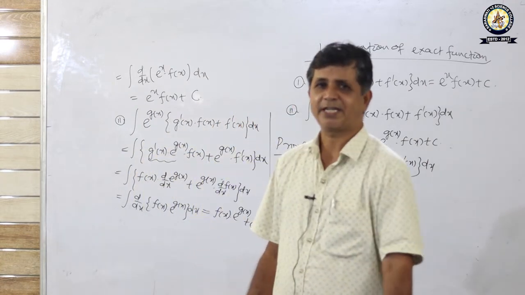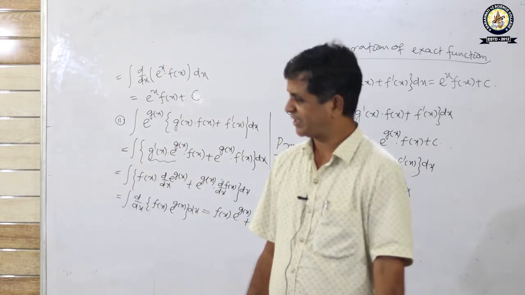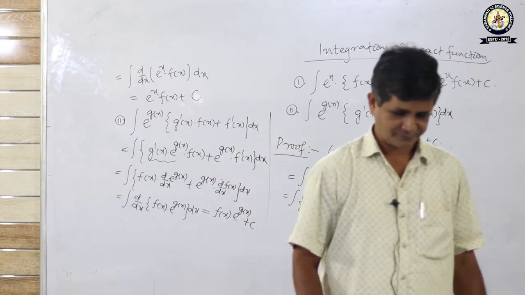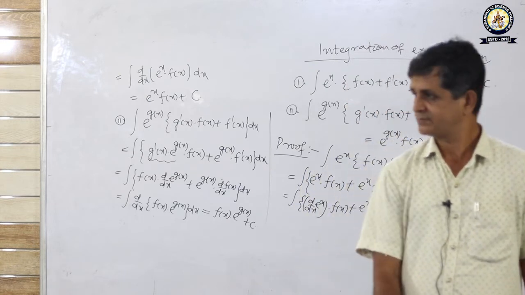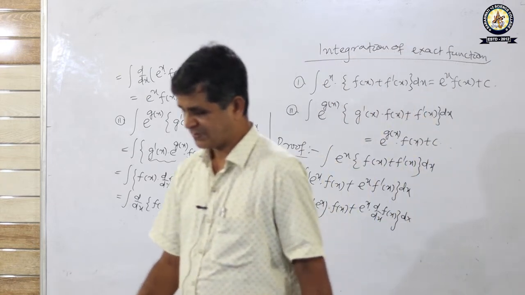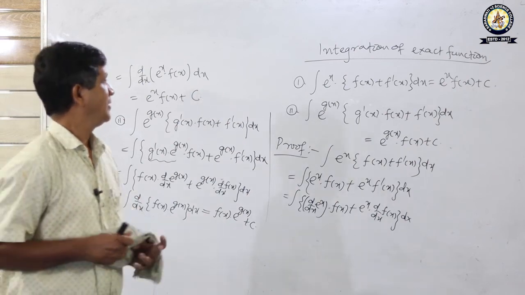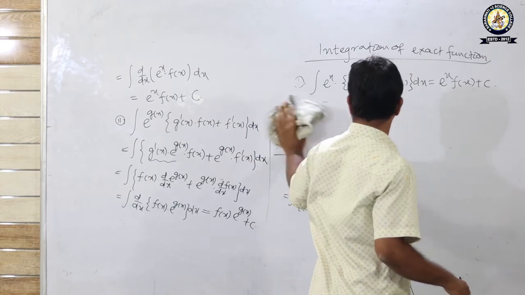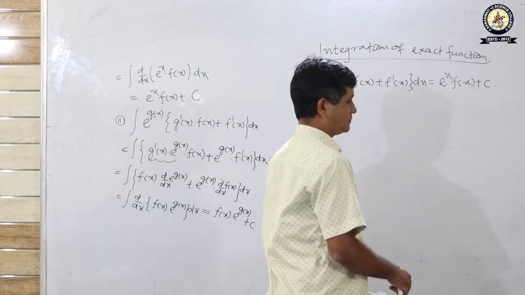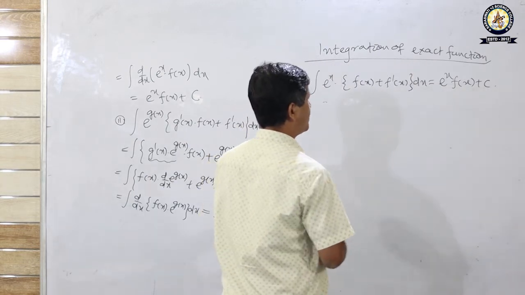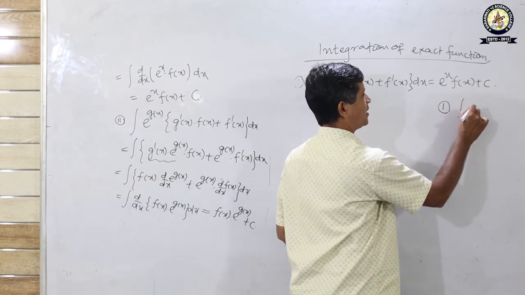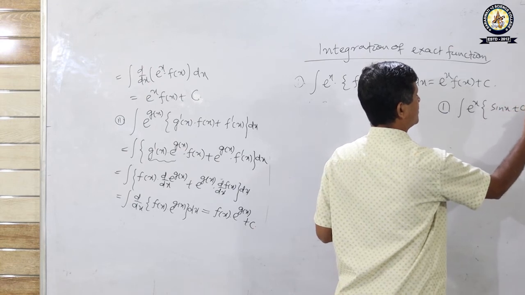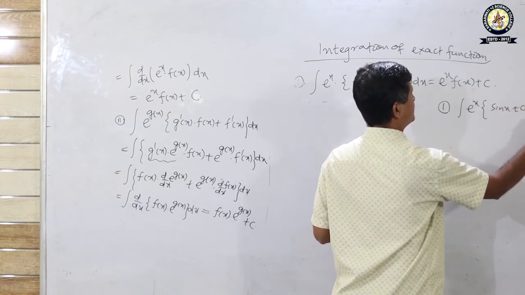Now come to some examples on this. We will discuss some examples for this. First question is integration of e to the power x into (sin x plus cos x) into dx.